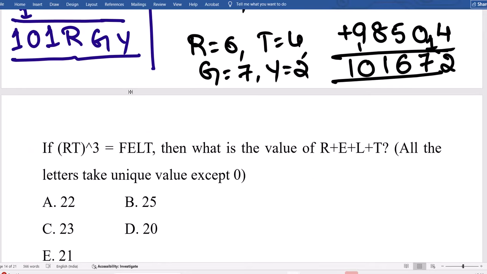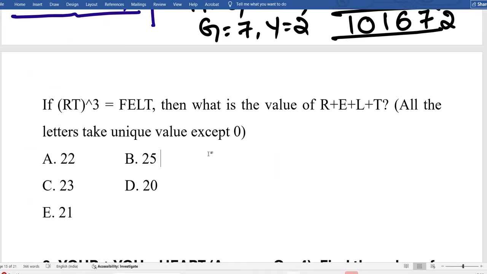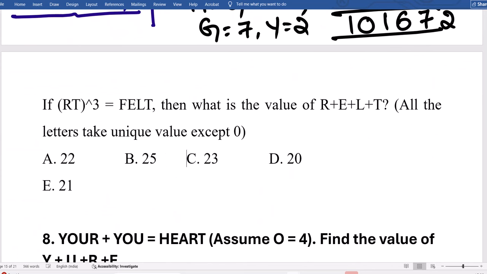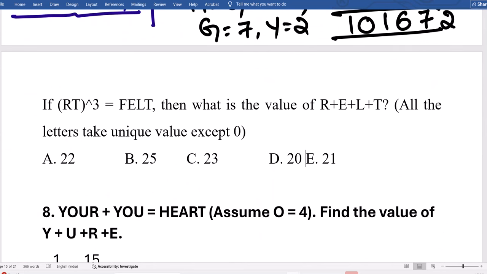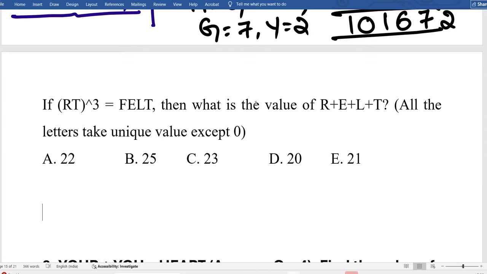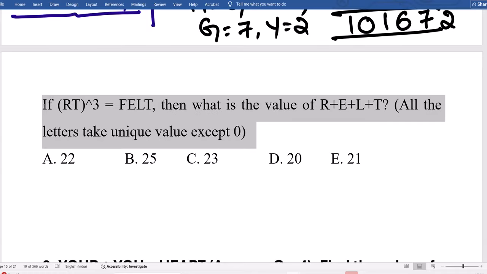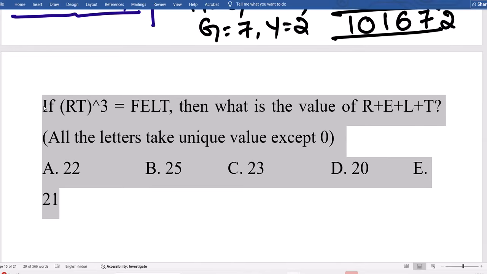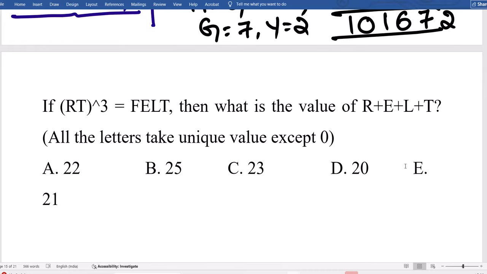Now let's see the question in terms of power. Other one in factorial also. Now see in terms of power. RT is a 2-digit number. Power 3 is 4-digit number. Zero is not there, they given in the question itself.